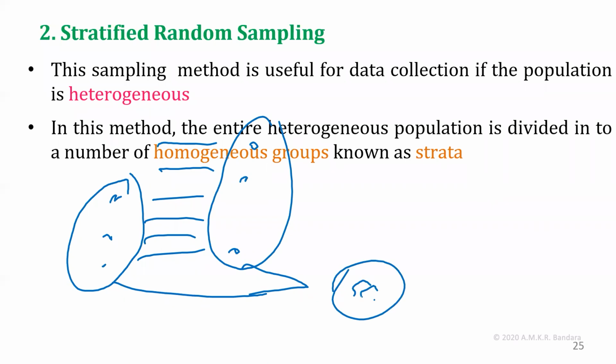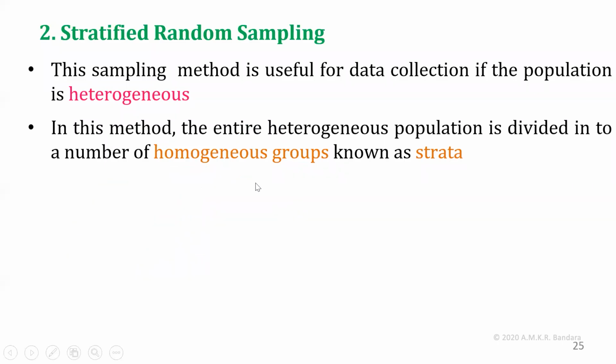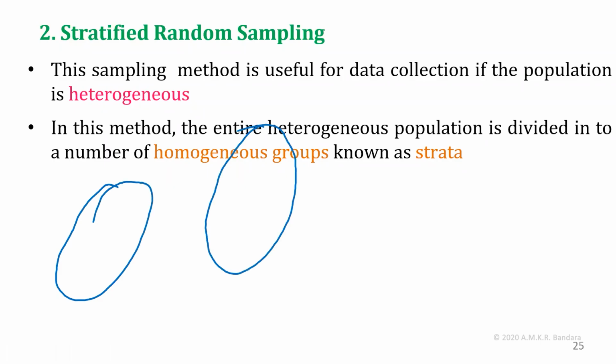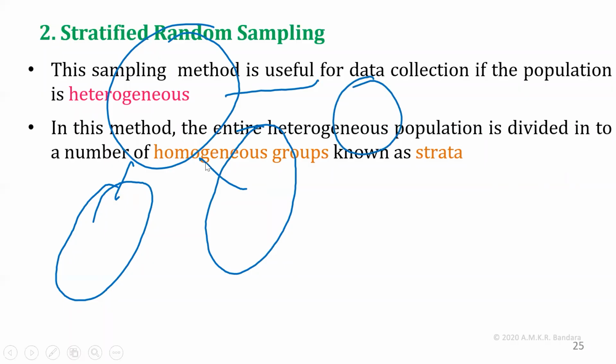This is the sample. These groups, each individual group, we call a stratum. So this is one stratum, this is another stratum. So the entire population we divide into strata. Within each stratum, we select the individuals separately.